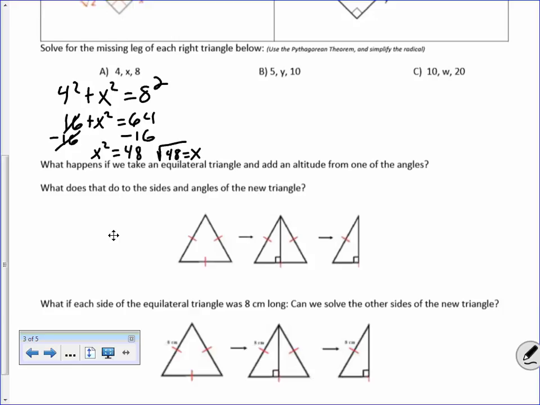So if we simplify the radical, we're going to get 4 root 3. 16 times 3 is 48, so take that 16, a 4 comes out. So now that we know that, take a second and do problems B and C. I'm going to scroll down to this next part.